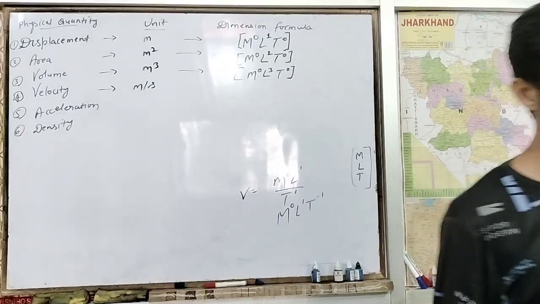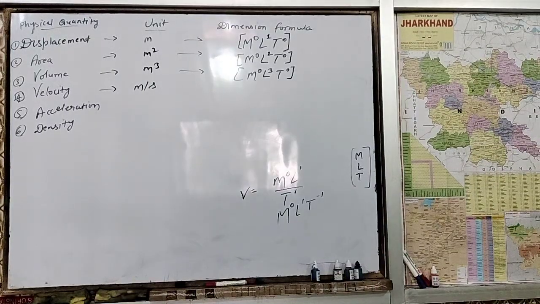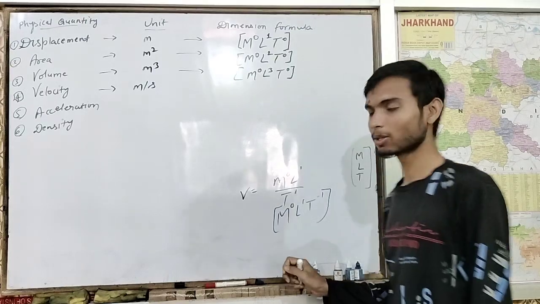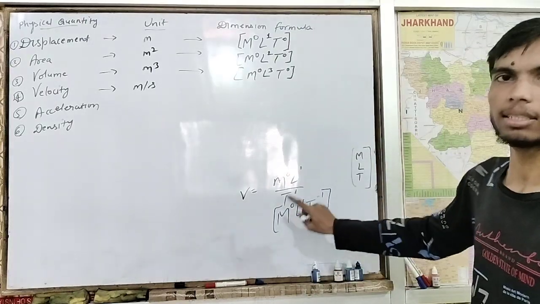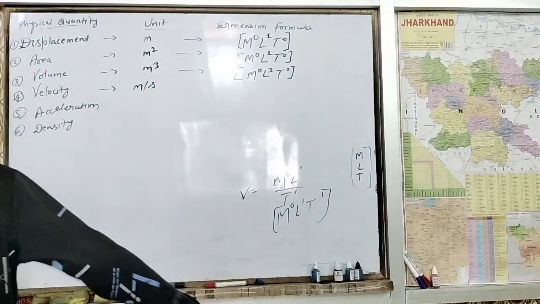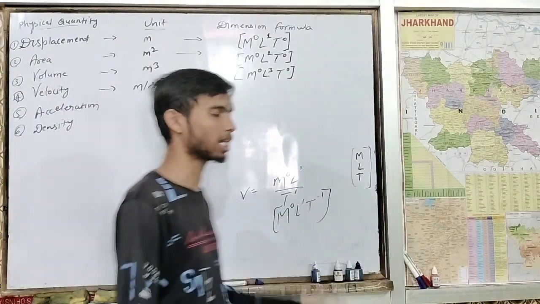Yes, this is correct. Here we applied -1 because this T is a denominator. To represent anything which is a denominator, we just write -1 here.